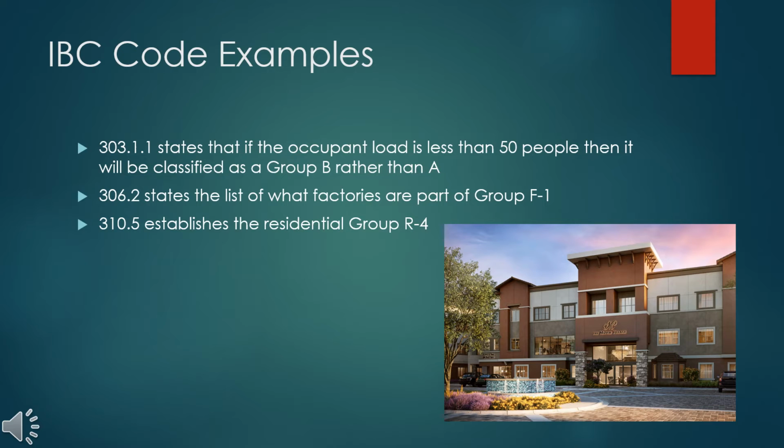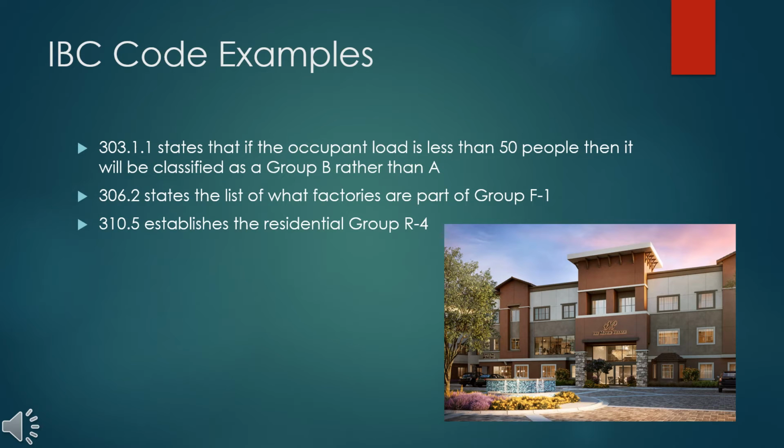Code 306.2, which is a part of the factory and industrial group, establishes the list of what factories are a part of the group F1, which can include factories that manufacture appliances, boats, clothing, furniture, metals, and a lot more.